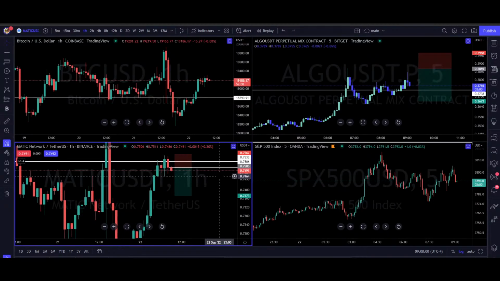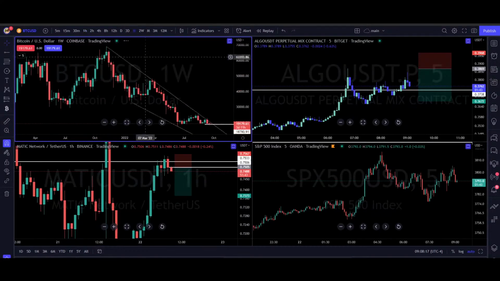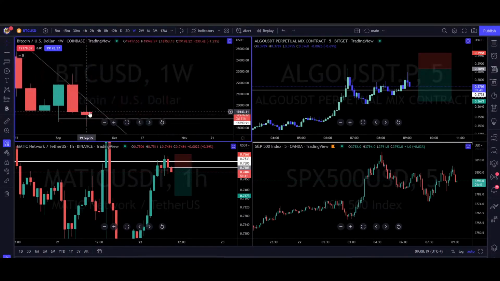And you're also into resistance, right? You're into resistance up here. This is resistance as well, but the difference is this is very bullish on the week. So, yeah. Bitcoin, bearish on the week.